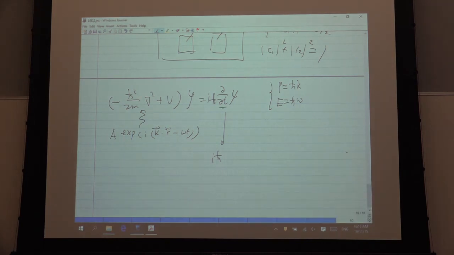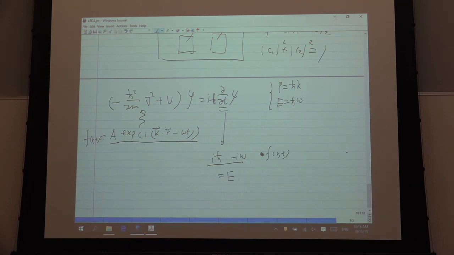Because it's a partial t here, right? So it's just i omega. Then multiply. I call this maybe some F of R and T. This F R T is on the right hand side. So here it's just E.